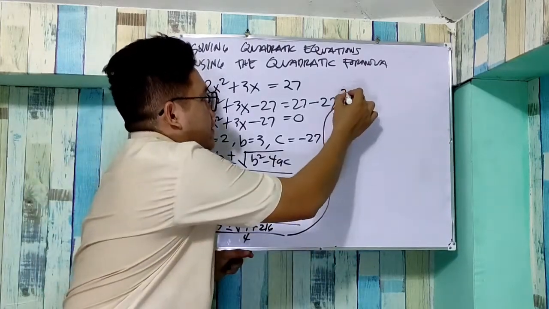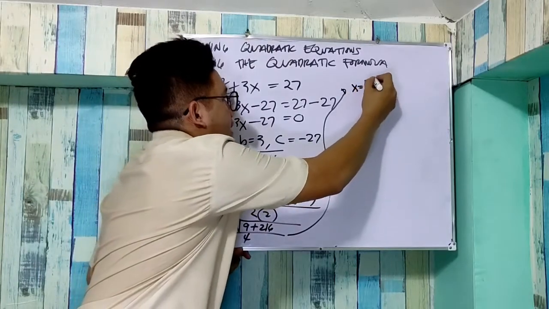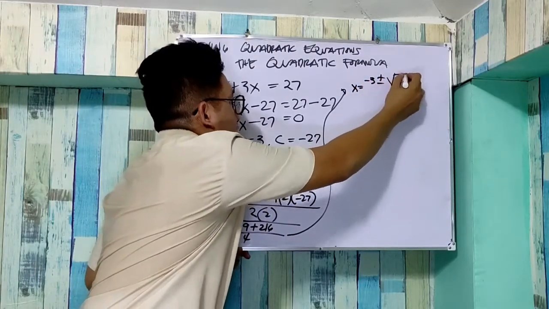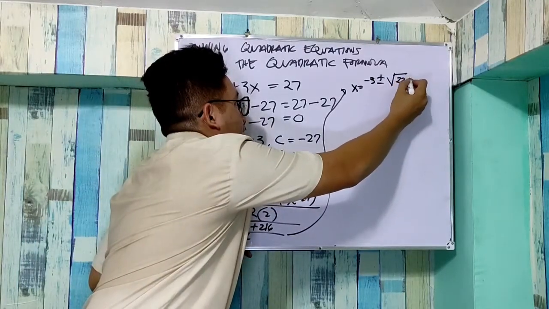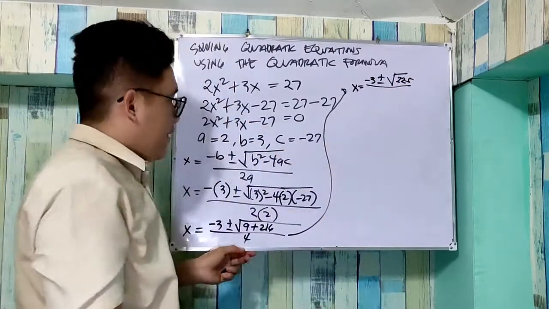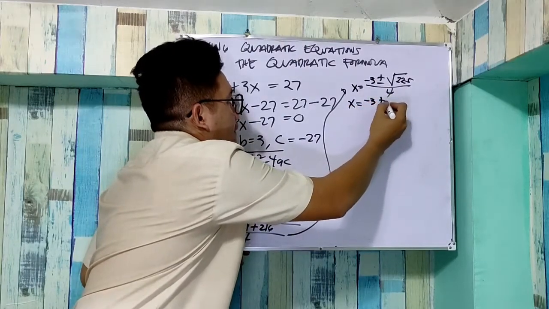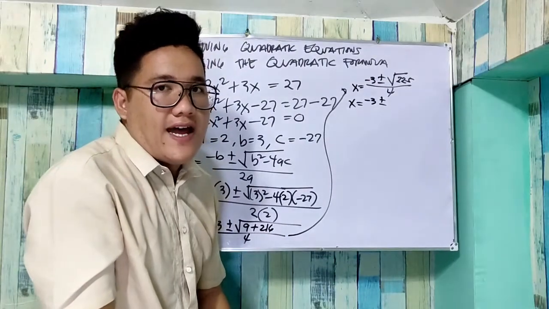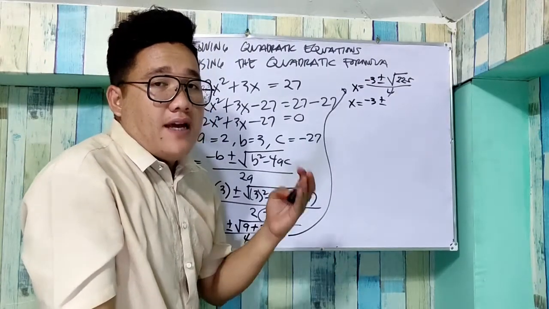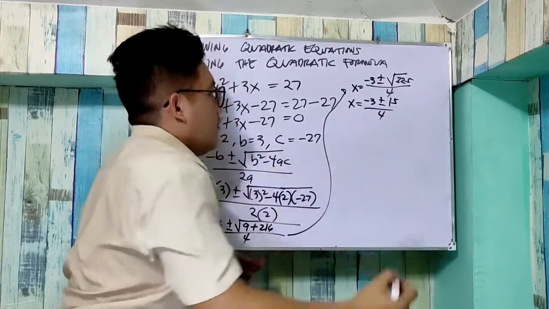Dito na tayo. We have here copy negative 3 plus minus 9 plus 216, that is 225 over 4. Negative 3 plus minus, what is the square root of 225? That is 15. We have here 15 over 4.